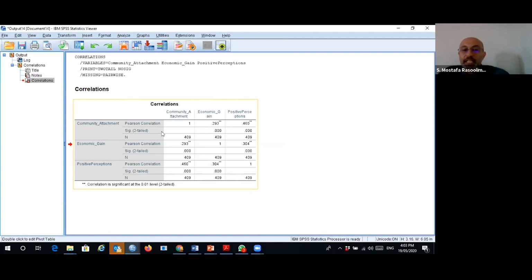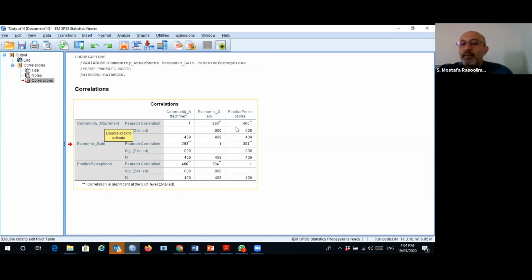In each block, for example, the first row, here you can see the correlation between community attachment and community attachment. Correlation between the same variable is always 1, because you have exactly the same variable. The second column is the correlation between economic gain and community attachment, and the third one is between positive perception and community attachment.